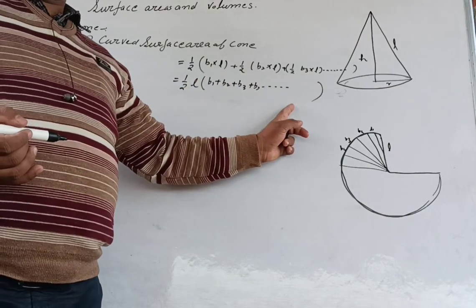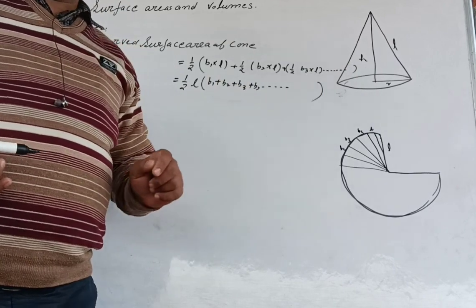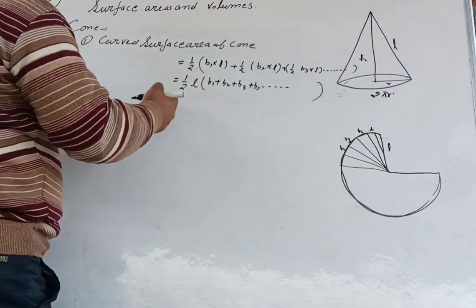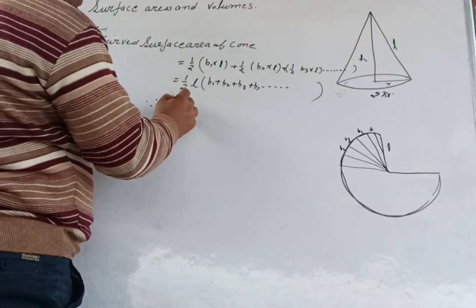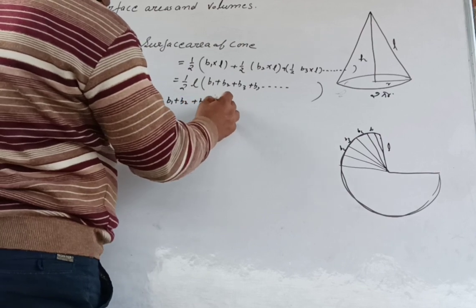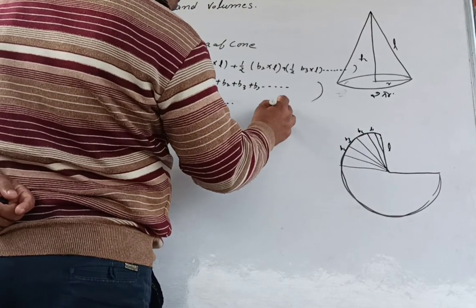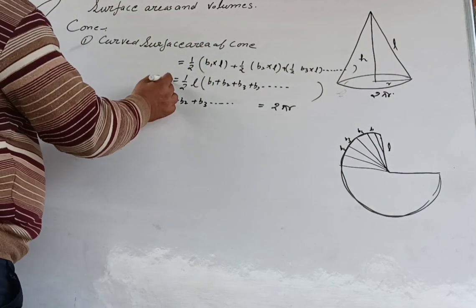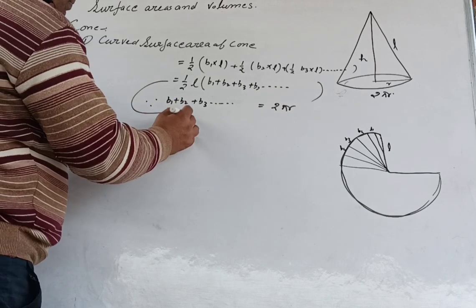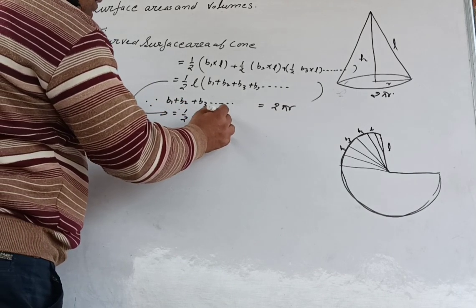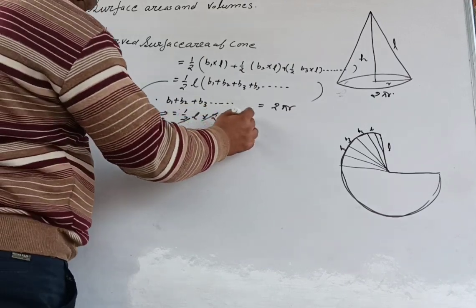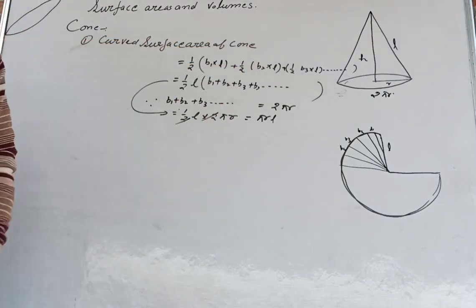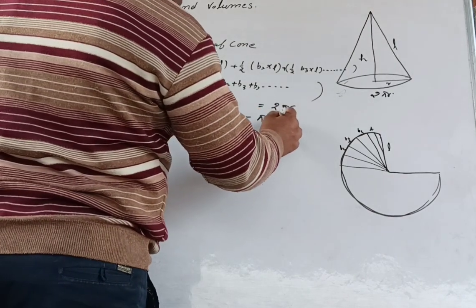B1 plus B2 plus B3 and so on represent the circumference of the base, which is equal to 2 pi r. Therefore, we write 1 upon 2 L into 2 pi r. The 2 cancels out and we find pi r L. The curved surface area of cone is equal to pi r L unit square.